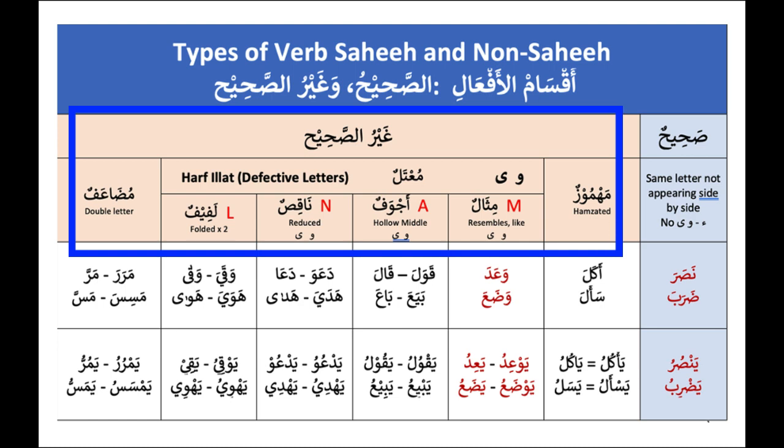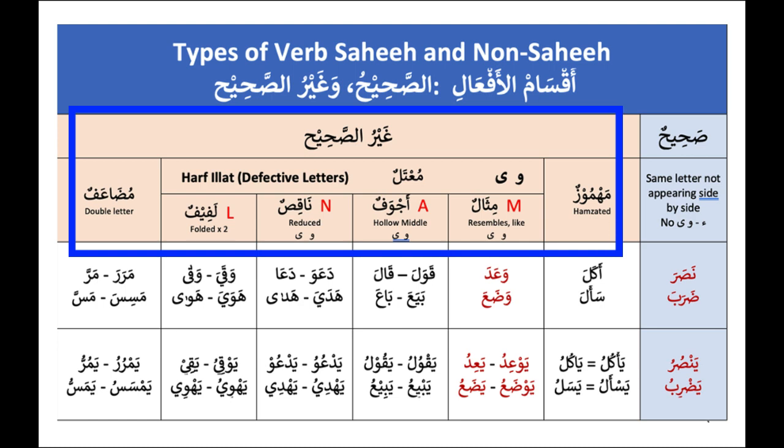How do we distinguish them? Please note, mithal is that where harf-e-illat comes at the beginning of the verb, like wa'ada. Waw is the harf-e-illat and it has come at the beginning. So mithal is the verb where harf-e-illat comes at the beginning. Ajwaf is the mu'talun verb where harf-e-illat comes in the middle.